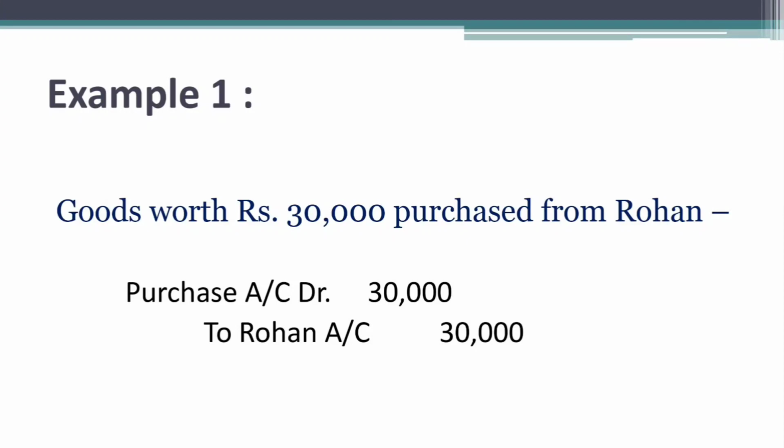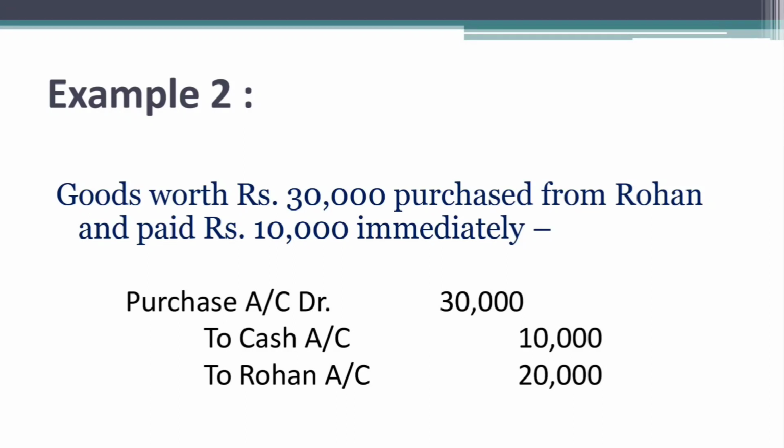For example, goods worth Rs 30,000 purchased from Rohan. In this case, the entry is purchase account debit and Rohan account is credited with Rs 30,000. If you see, only two accounts are involved in this entry. So this entry is called a simple journal entry.